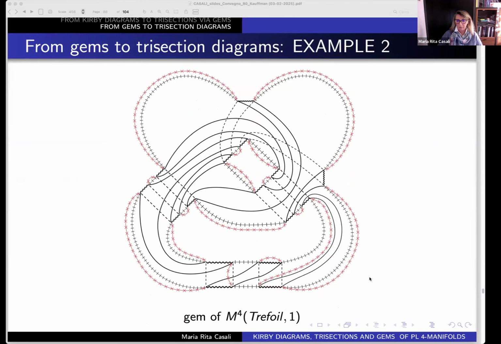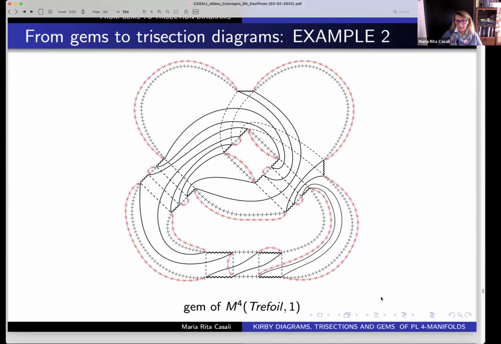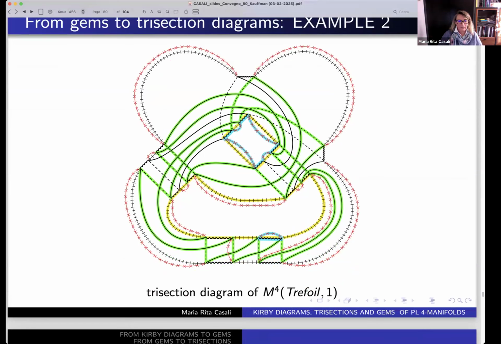This is the example we have already seen, the gem representing the 4-manifold obtained from the trefoil with framing 1, and this is the obtained trisection diagram on a surface with genus 2. It is not always so simple to obtain trisection diagrams from gems, but it is always possible and can also be performed automatically by a suitable computer program.